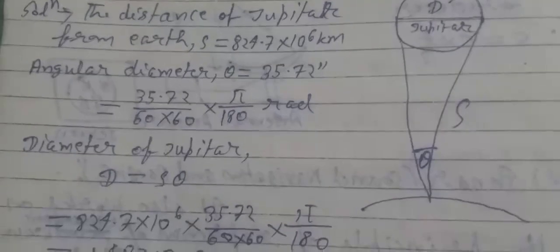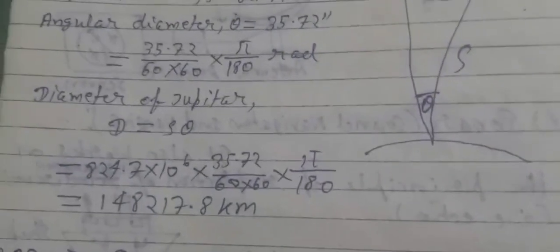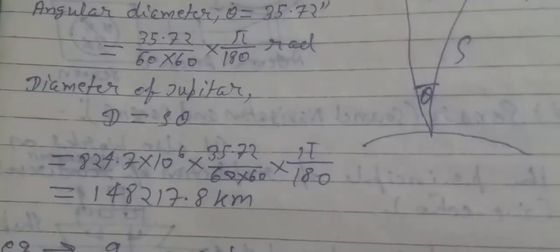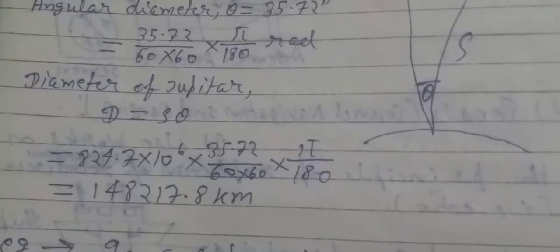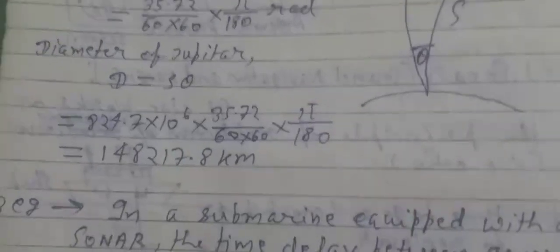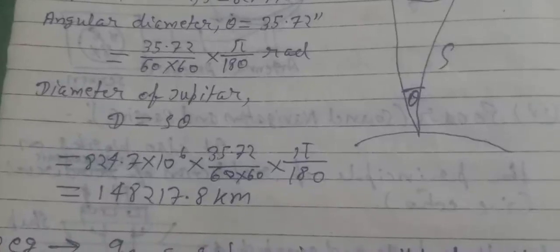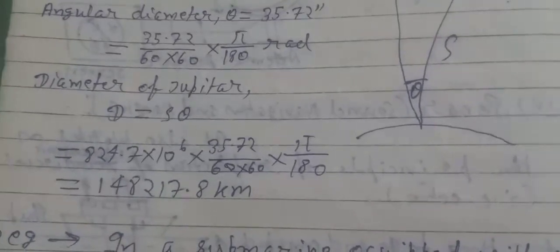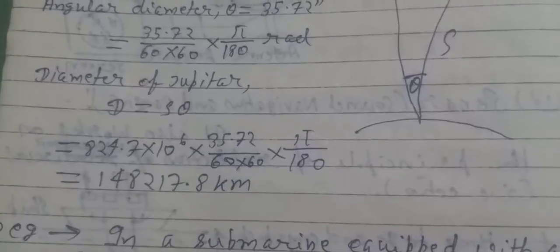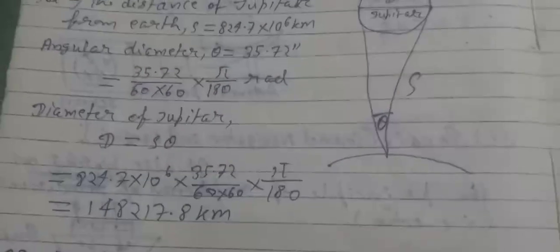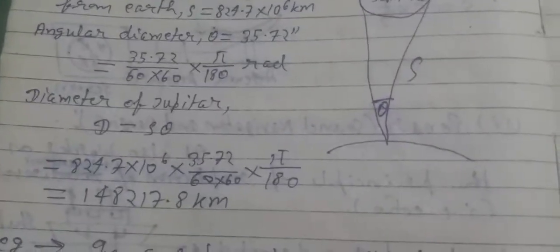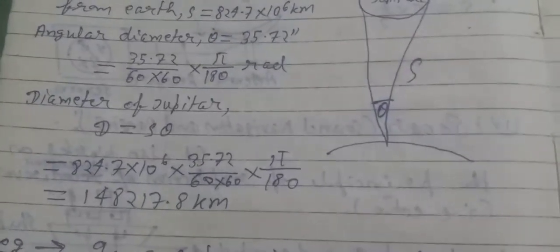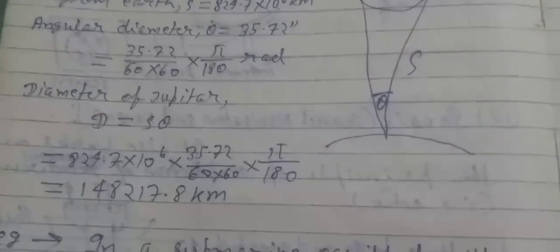Solving this, the diameter of Jupiter d equals s into theta, and putting in all values we get d equals 1,48,217.8 kilometers. That is, the diameter of Jupiter is 1,48,217.8 kilometers.